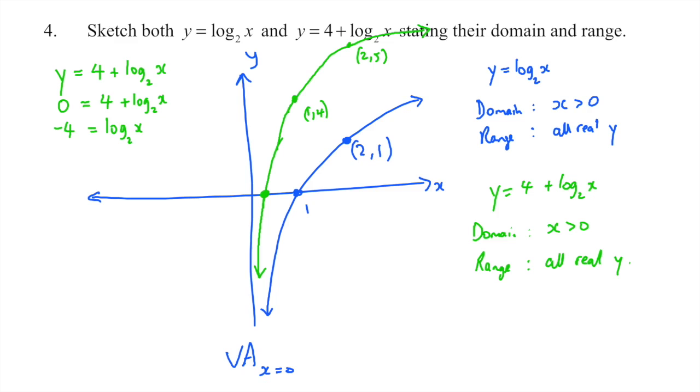Let's play sliding bases, changing it from logarithm form to index form. 2 to the power of 4 is 16, so 2 to the power of minus 4 is 1 over 16. So that's the point (1/16, 0) there. So you can find the x-intercept if you want to.